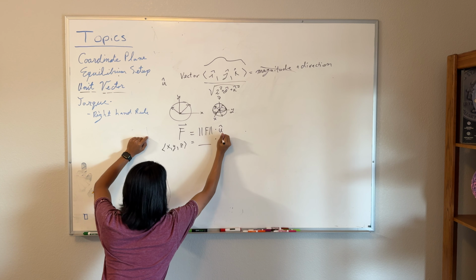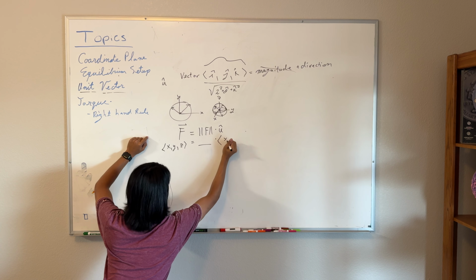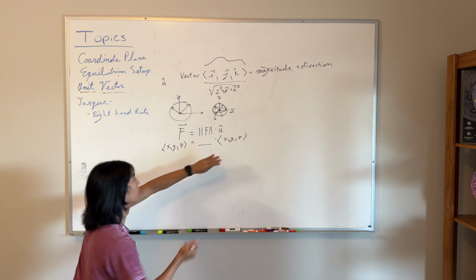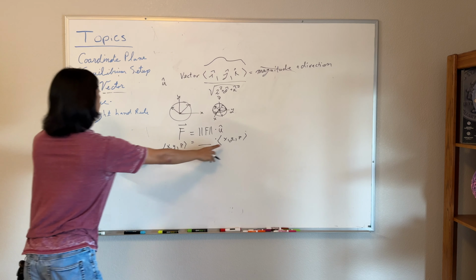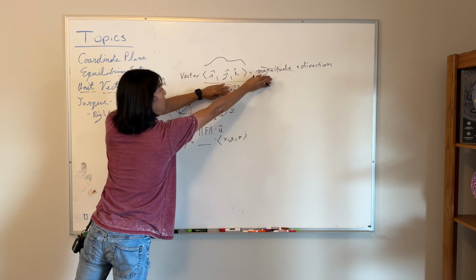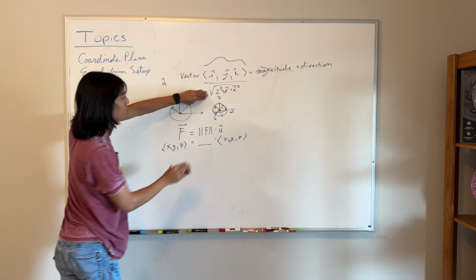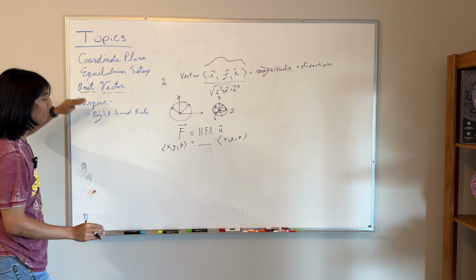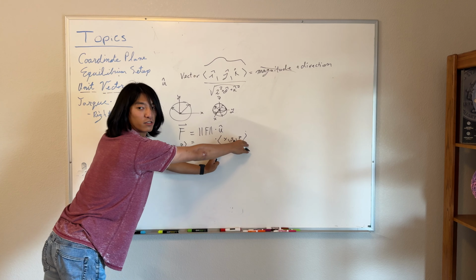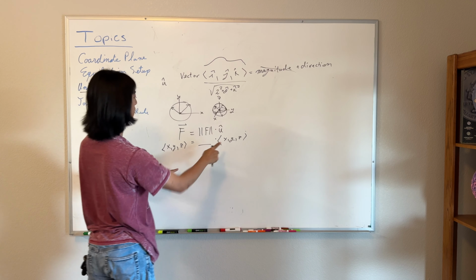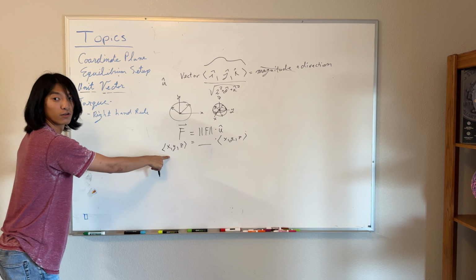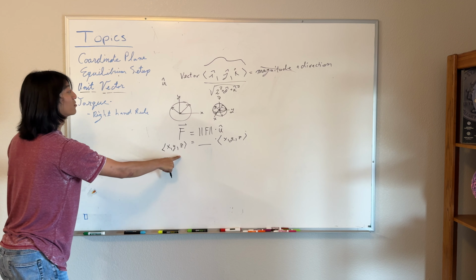Then you are going to also have another x, y, z right here. The difference between these two is that this right here is a magnitude and a direction. When we do the square root and turn it into a unit vector, then this entire term is going to be this one. So this is going to be your direction, this is your magnitude, and then this is your vector, both magnitude and direction.